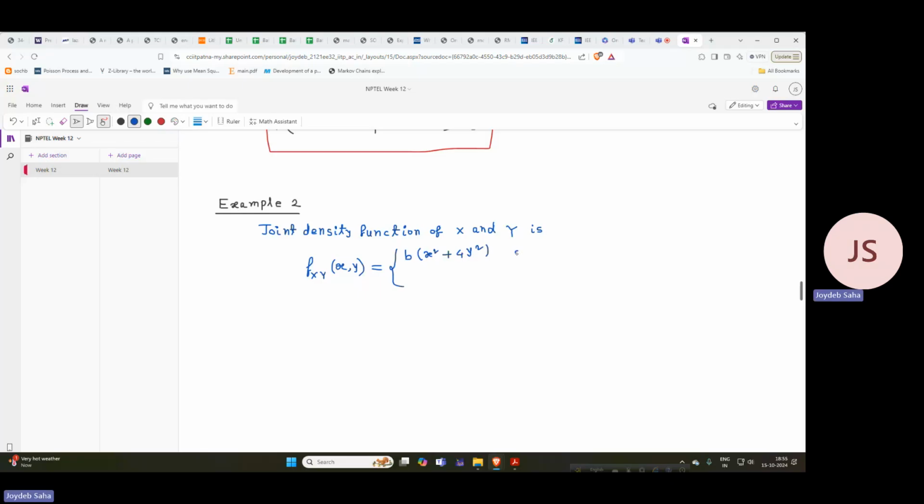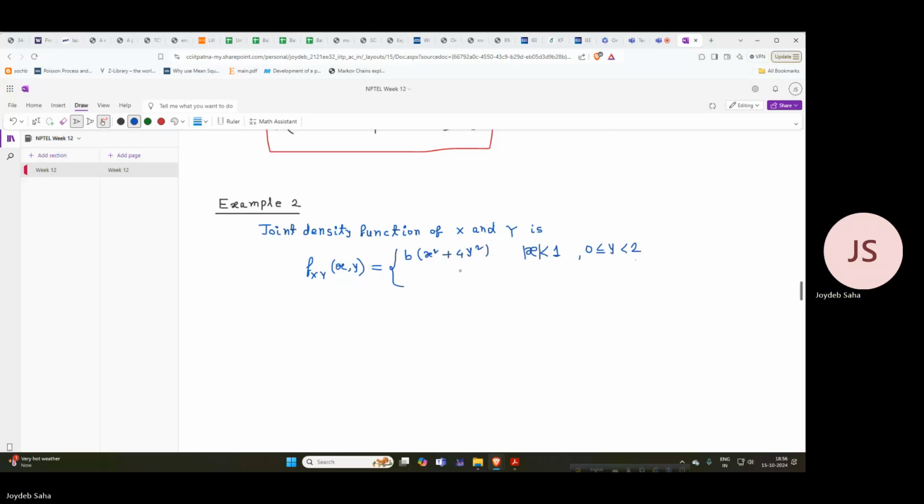And the limit is 0 less than or equal to mod x, or rather you can write it mod x is less than 1, and y is 0 less than or equal to y less than 2.